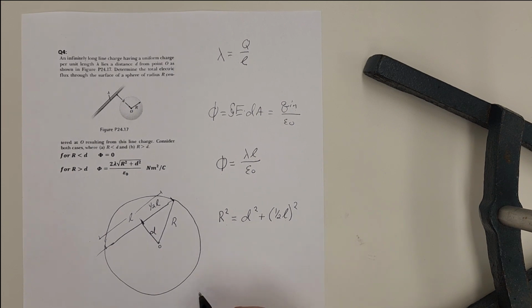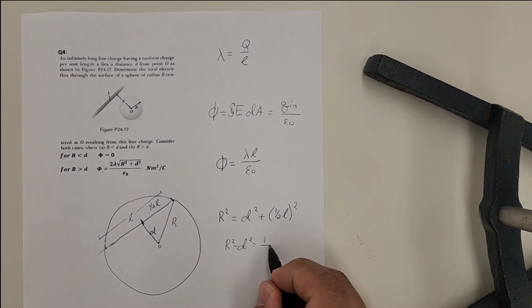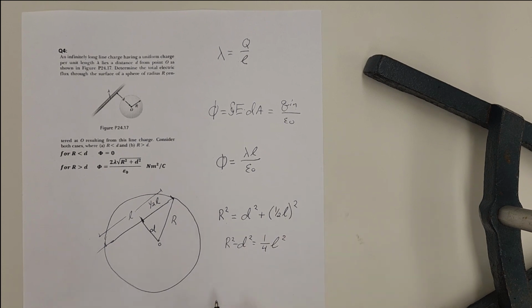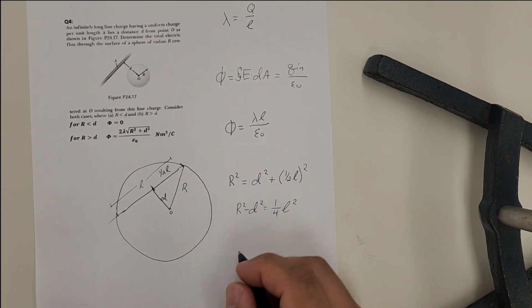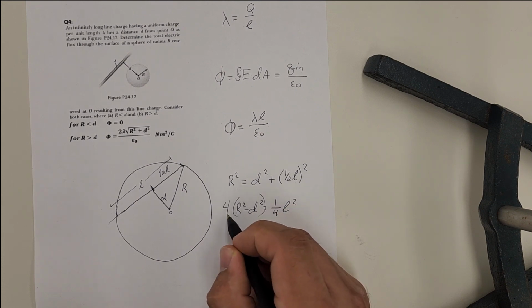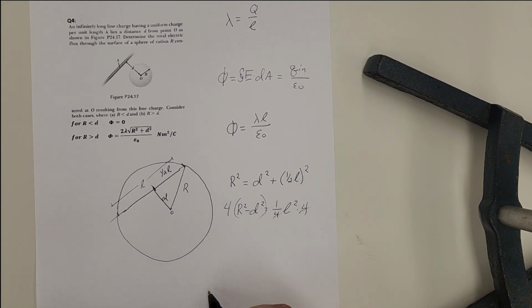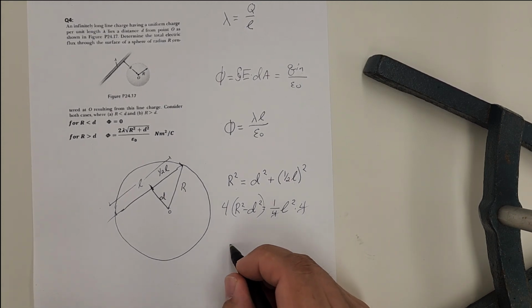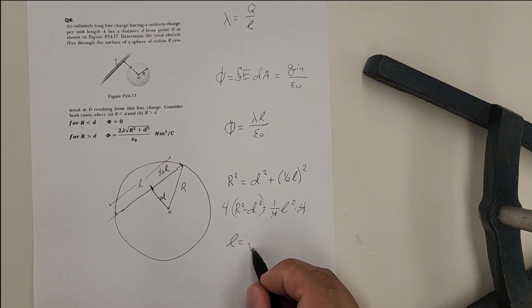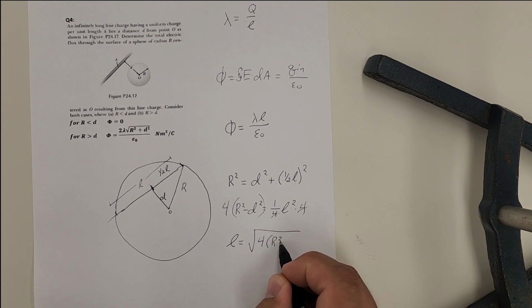First, I need to move that d squared over to the other side. So I'm going to have r squared minus d squared is equal to 1/4 L squared. Multiply this side by 4 to get rid of the fraction, and then take a square root on both sides to get rid of the square on the L. You should end up with L being the square root of 4 multiplied by r squared minus d squared.